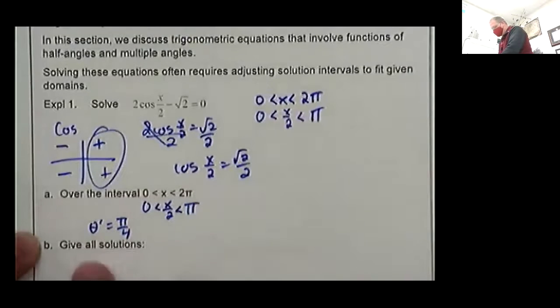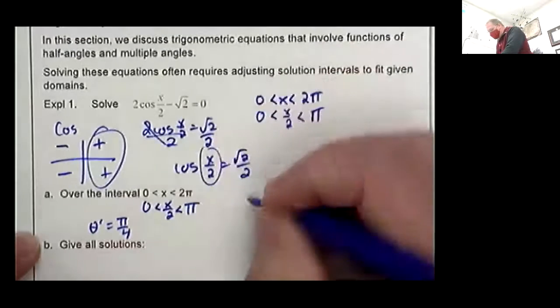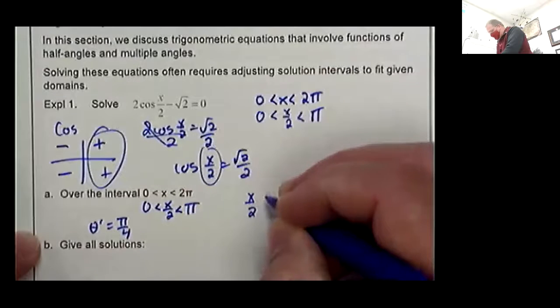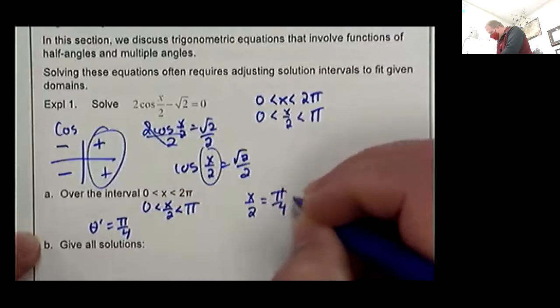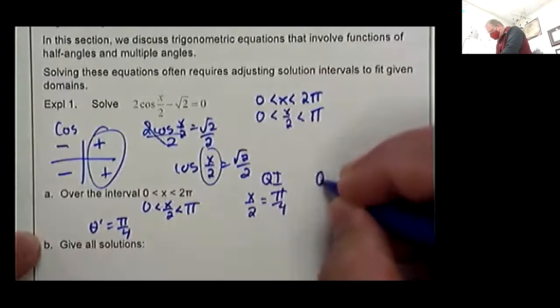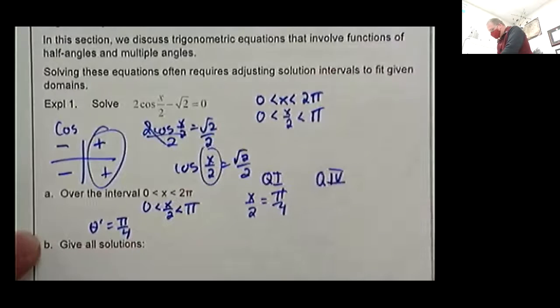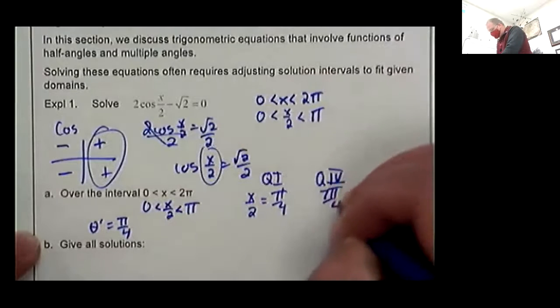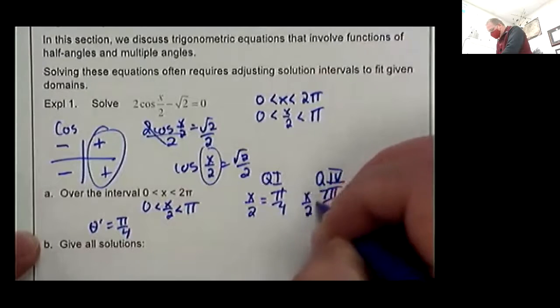So what are we going to do with that? Well, we know our angle is x over 2, and that's going to equal pi fourths, and that's in quadrant 1. In quadrant 4, we're going to have 2 pi minus pi fourths, which is 7 pi fourths. That's also going to equal our angle, x halves.